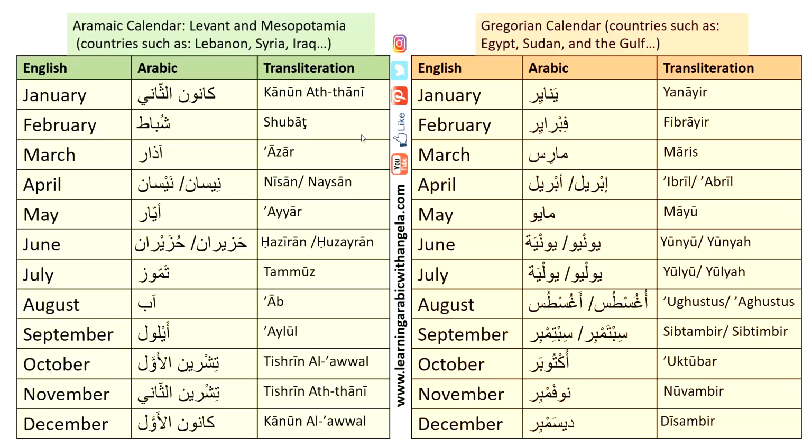Now we have some key differences: some countries like Egypt, Sudan and the Gulf use a different type of calendar, and other countries like Lebanon, Syria and Iraq use another type of calendar.